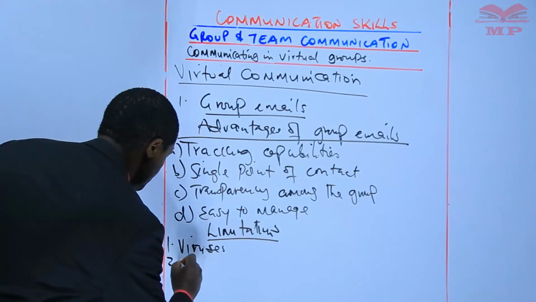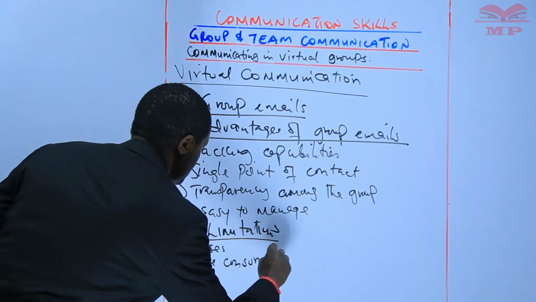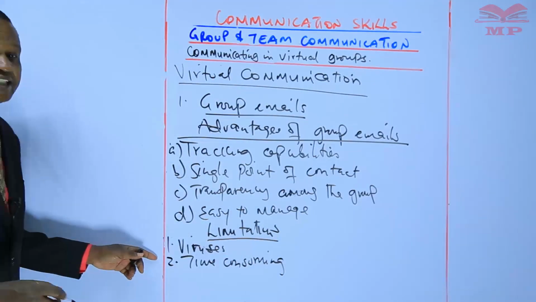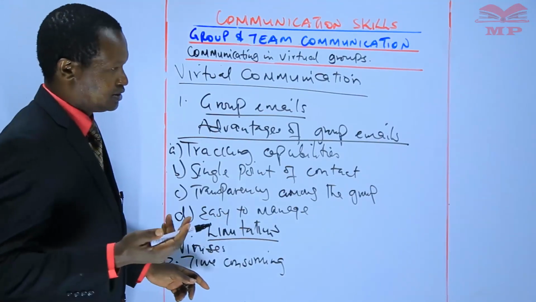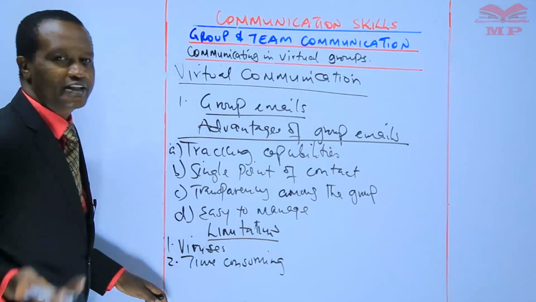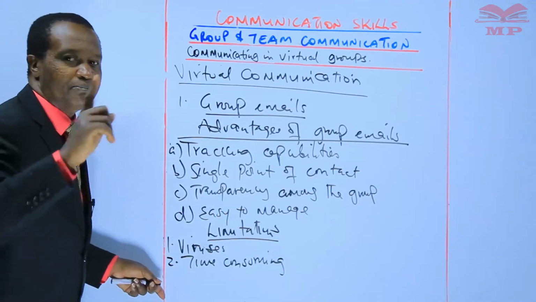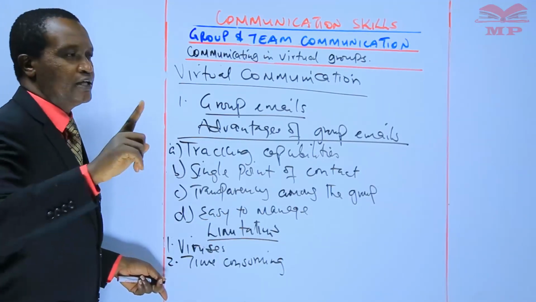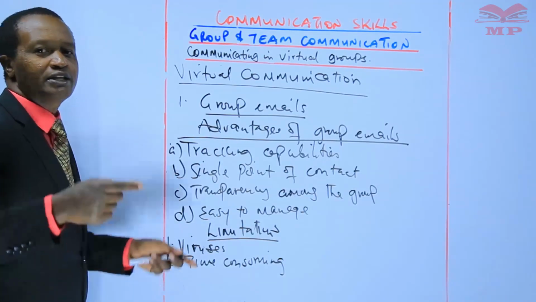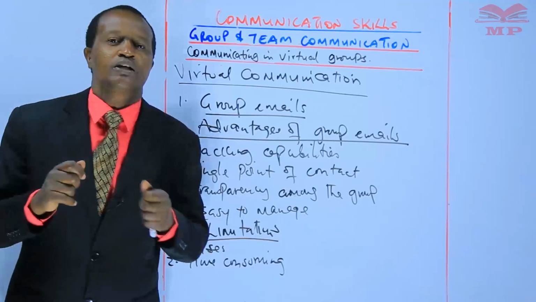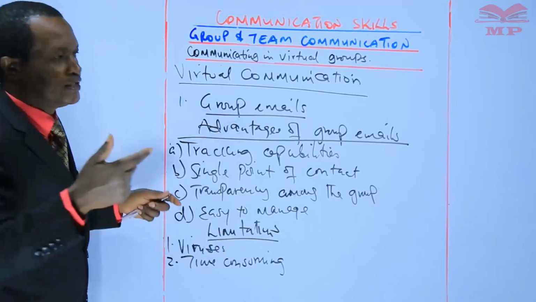Time consuming. The second limitation, time consuming. Why? Now, reading, writing, responding to emails can take up a vast amount of time as well as energy. And many modern workers spend most, if not all, their days just dealing with emails.